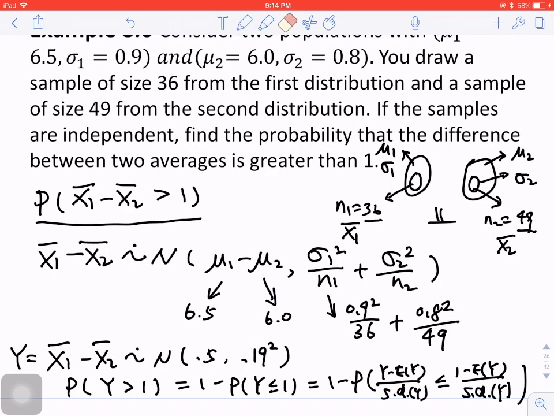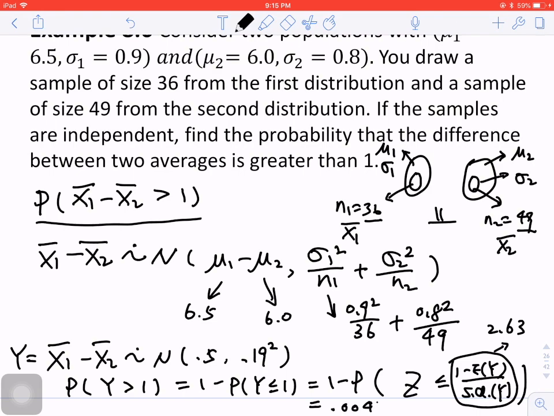This is my z, and this value is equal to 2.63. You check the z table by yourself. So the final result is 0.0043. The probability is also super low.